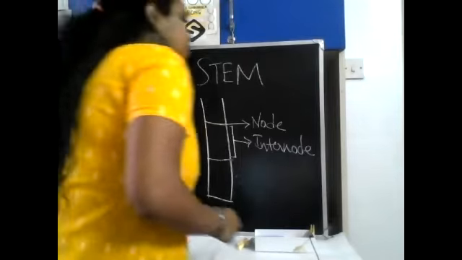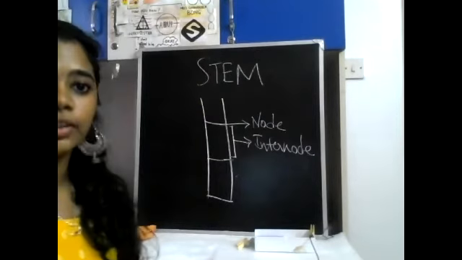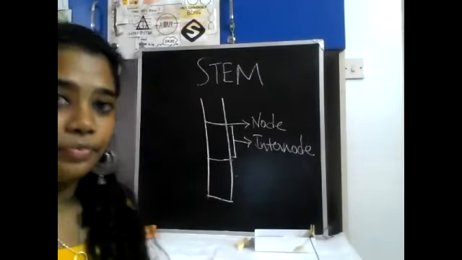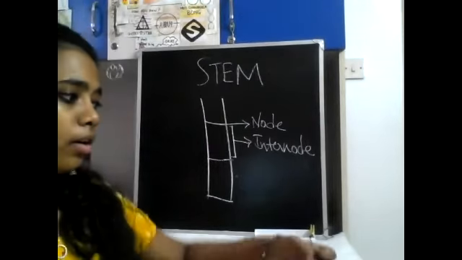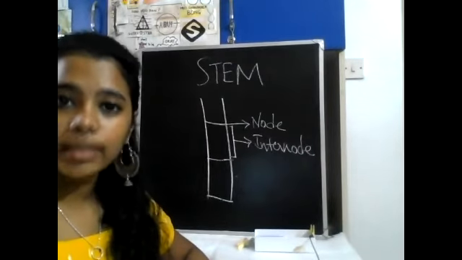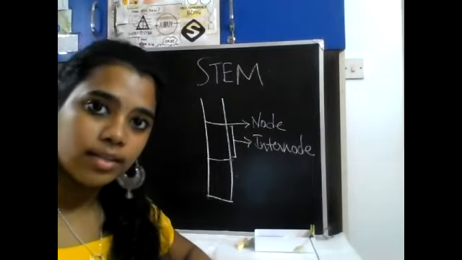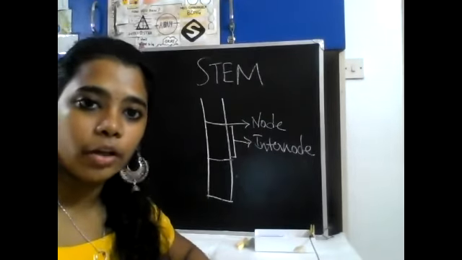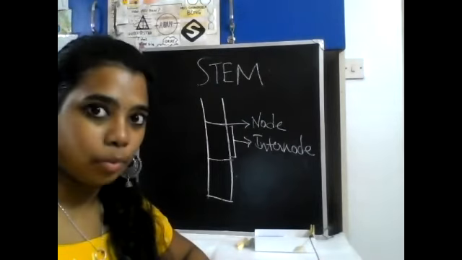So let's look at some functions of the stem. The stem is responsible for the plant to be standing, in the sense that the plant is supported by the stem. So the first function that you would write for stem is support.